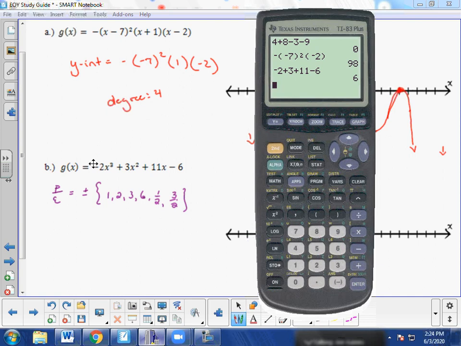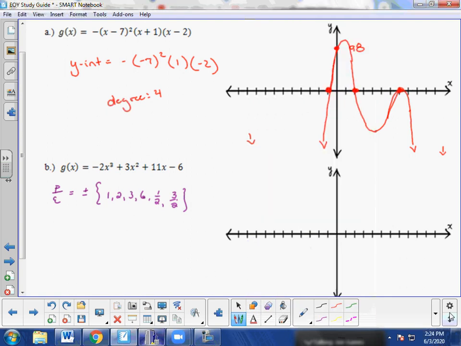I could also check quickly to see if -1 works by taking the opposite of the coefficients with an odd degree term, so changing the -2 to a +2, keeping the 3 here because its term is squared, changing the sign of 11 because its term is to the first power, and then keeping -6 as it is. And this doesn't result in 0, so -1 does not work. So we need a number other than 1 or -1 as a 0.